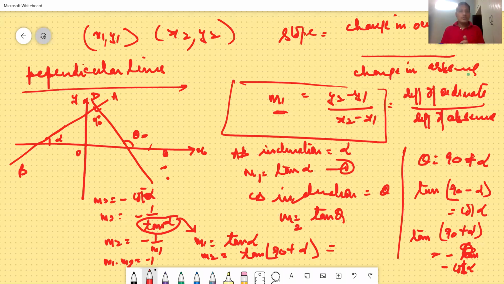And when angles are equal, the lines are parallel to each other. These are the conditions for perpendicularity of two lines. All right. Is that clear?